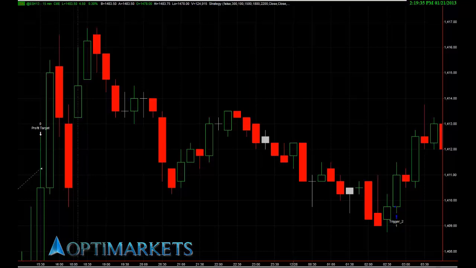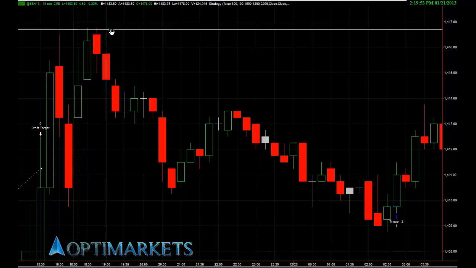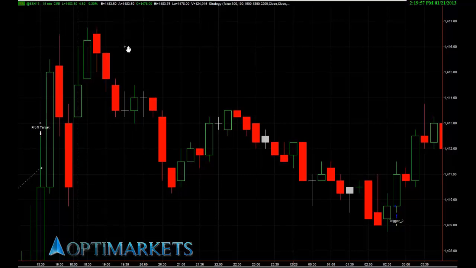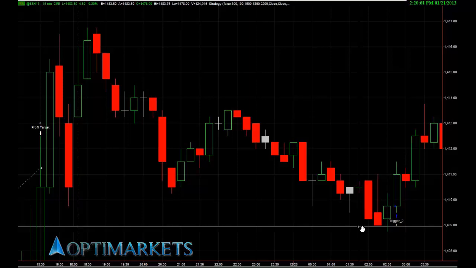Now, in the above example, you'll see that I have a candlestick chart pattern for the S&P futures, and it's really indicative of no specific strategy. But you can see the top range is roughly 1417, and the bottom range is roughly 1409.